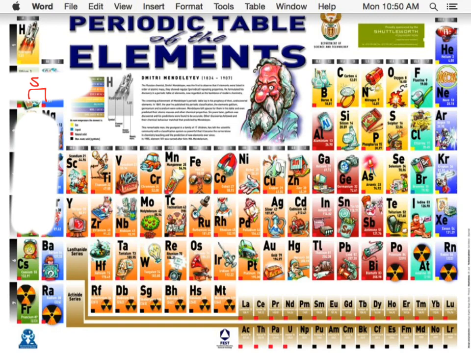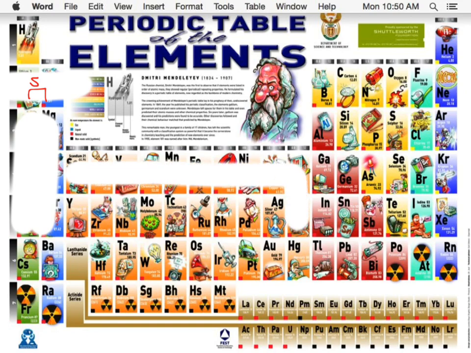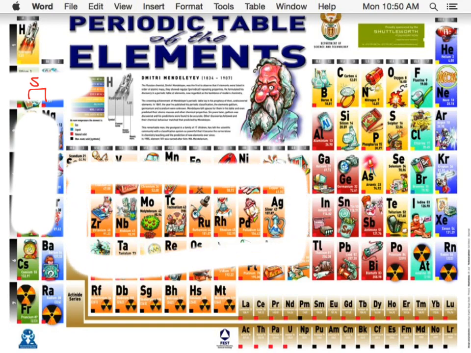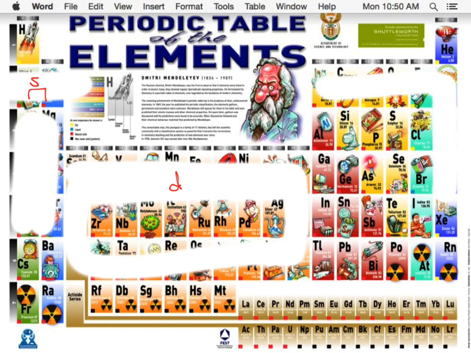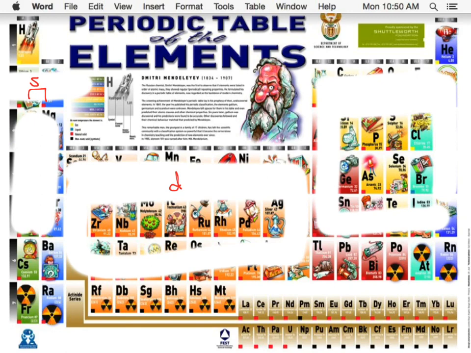Okay. How about scandium to zinc? It's known as the D block, D as in delta. The next block, the P block.